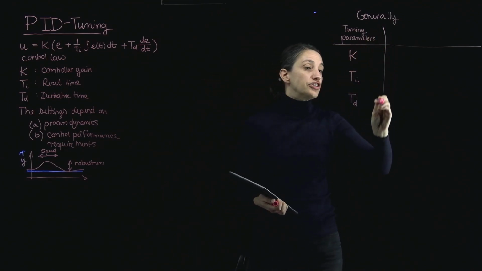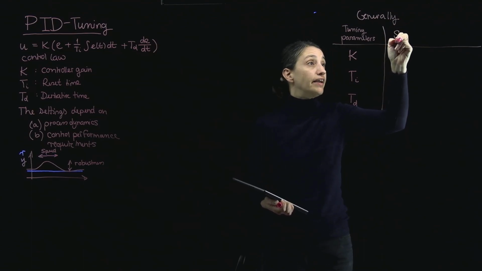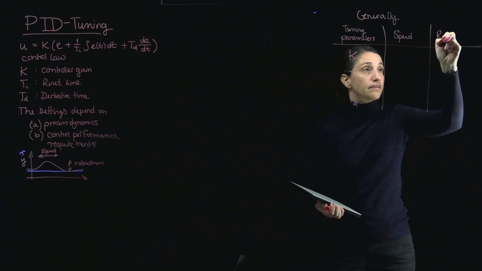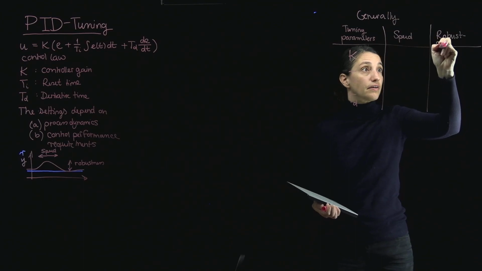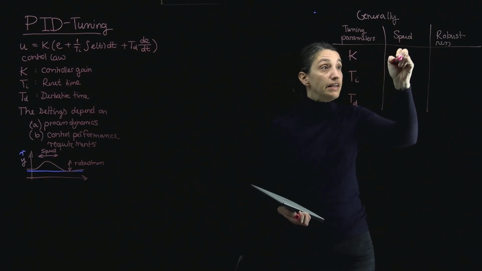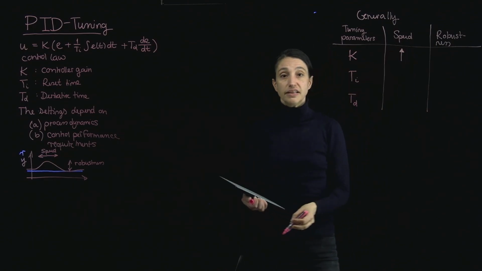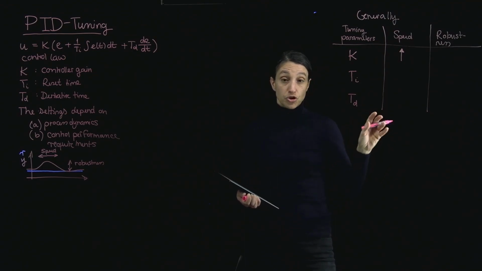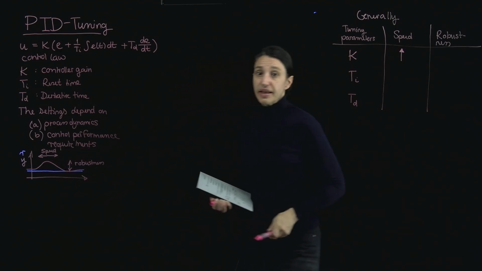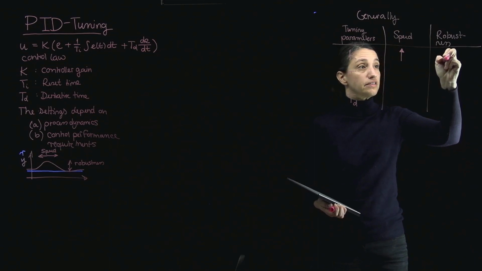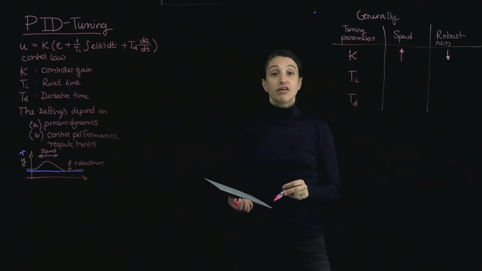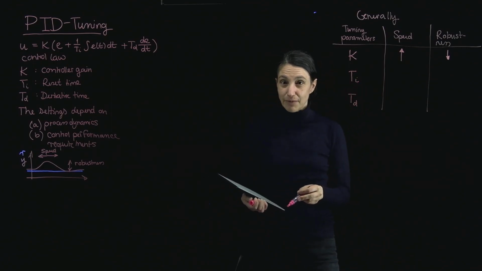And we can generally say that the impact of K on the speed and the robustness is as follows. If we increase K, the speed will increase. So that means if we choose a higher value of K, our response will be faster at the expense of the robustness. Okay. If we increase our reset time, Ti, what's going to happen to the speed?